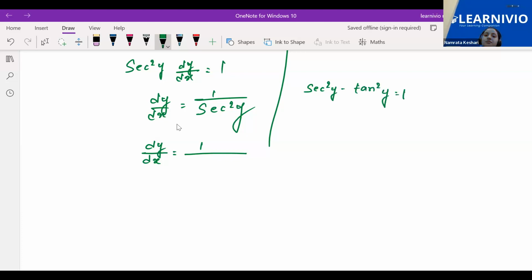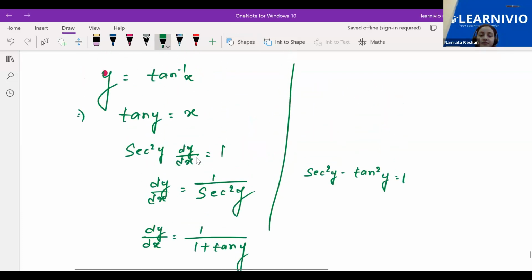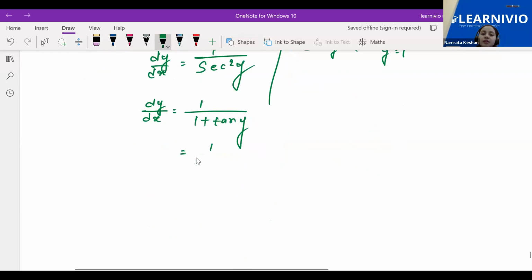What are we going to have? 1 plus tan square y. What is tan y? X. So from here we are getting dy by dx is equals to 1 by 1 plus x square, which we always use, right? Yes.